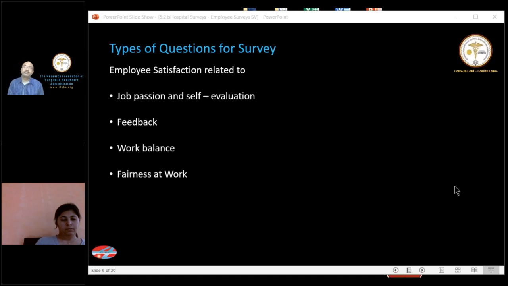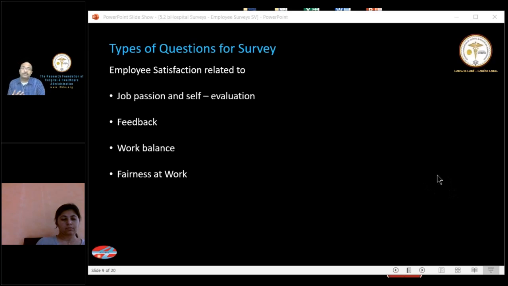So how the employee sees himself in the overall scheme of things in the hospital. We could take feedback from the employees, where we are asking about his suggestions, maybe. Work balance and fairness at work. So these are some of the areas about which you can have questions in your employee surveys.